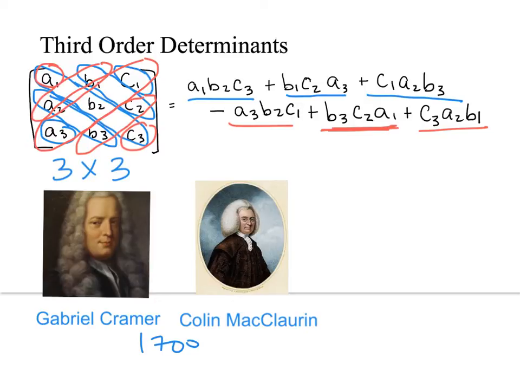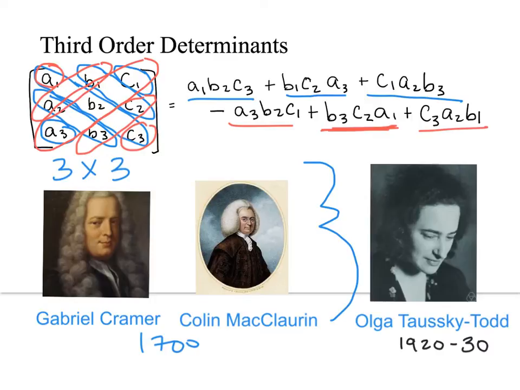Colin Maclaurin, history says, was the first to actually work out these patterns, and then Gabriel Cramer came after him. What I find very interesting is that the works of these two gentlemen were built upon by another mathematician, Olga Taussky-Todd. Olga Taussky-Todd was well known for her work with matrix theory, in particular the computational stability of complex matrices. And if you look her up on Wikipedia, it's quite interesting.